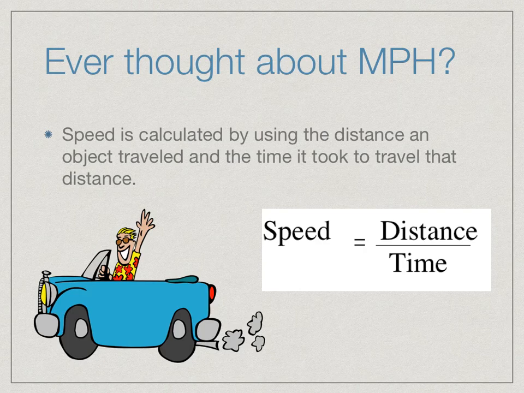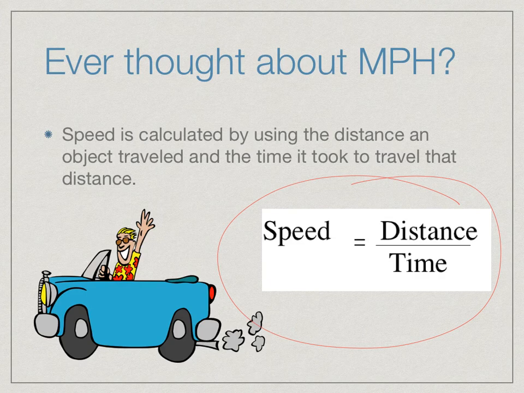All right, so have you ever thought about miles per hour and why when you're driving in a car, it's called miles per hour? So speed is calculated by using the distance an object traveled and the time it took to travel that distance. So you can see here that we have a formula, and this is the formula that we will use to calculate speed. Speed equals distance divided by time.